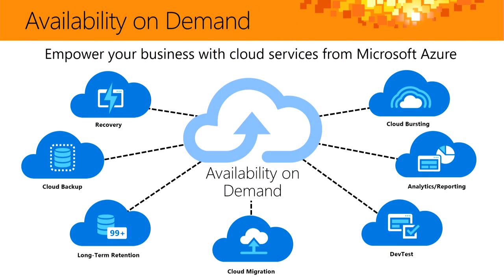So, availability on demand. Availability on demand is not just about business recovery or business continuity and disaster recovery. It's about making sure that you have proper backup and your long-term rotation, because be really aware that having a backup disaster recovery site is not long-term retention. You can't go to that site and say, I want the file that was modified last month.